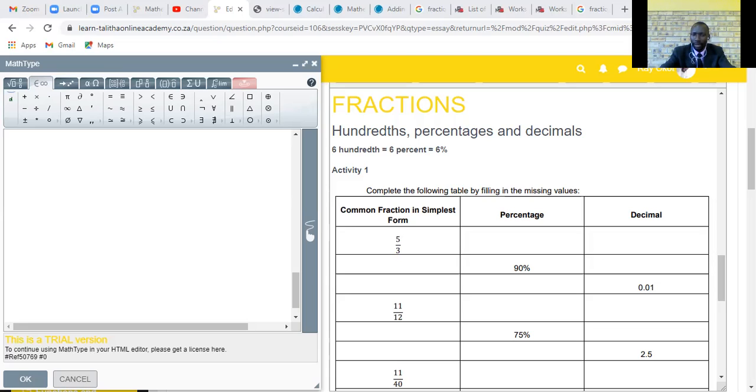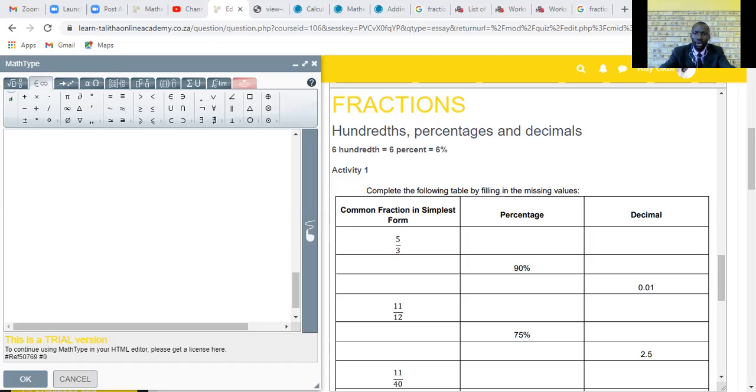But if it is unavoidable that we do the comparison, that is, we find out between 1/2 and 3/4 which one is smaller and which one is bigger, the thing we want to do is to express it as a percentage, to express it in hundredths, or sometimes to express it as a decimal. That way, we can easily see which quantity is smaller and which other one is bigger.